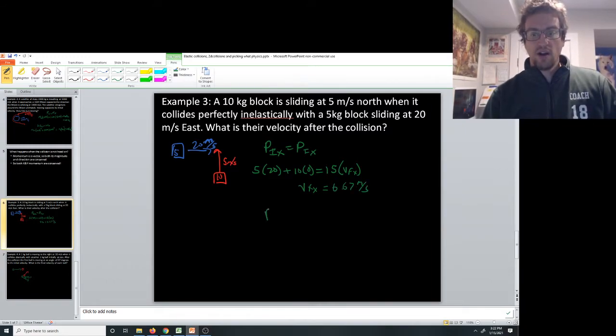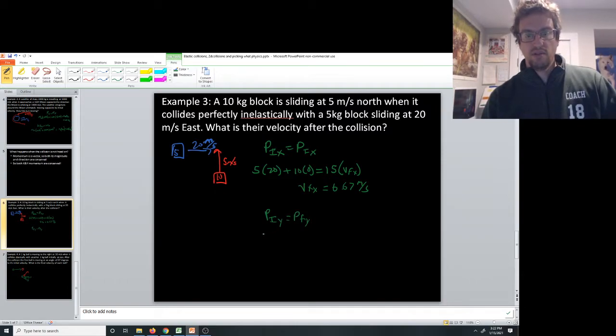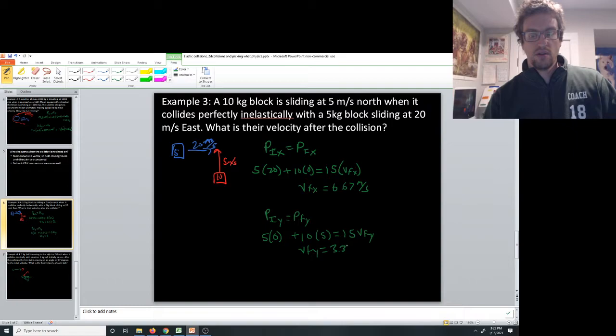Do the same thing in the y direction. Momentum initial y equals momentum final y. We've got 5 times 0 plus 10 times 5 equals 15 times v final y. V final y equals 3.33.